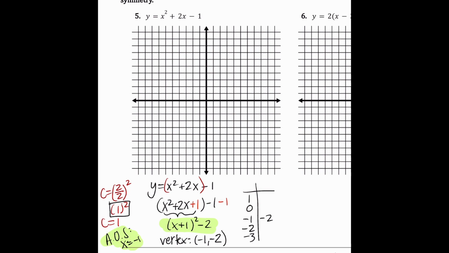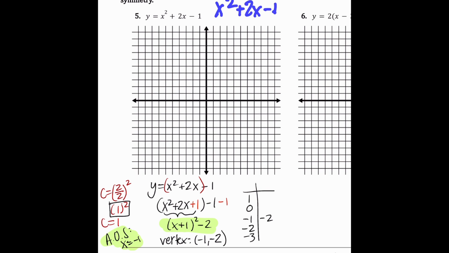All I'm going to do is take each one of these and plug it into my equation. So x squared plus 2x minus 1.